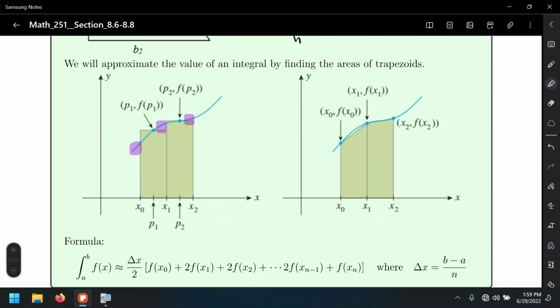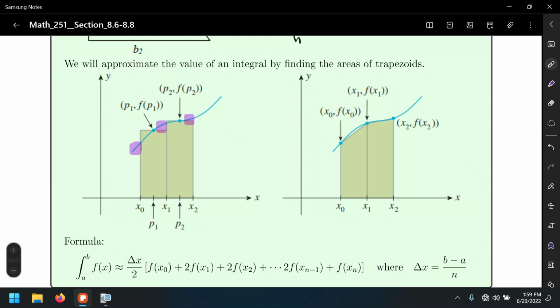Now, if instead we use trapezoids, see these little areas are much smaller than these little areas that are left out due to the rectangles. So in this case, we would expect a more accurate result using the trapezoid rule instead of finding areas of rectangles as before.